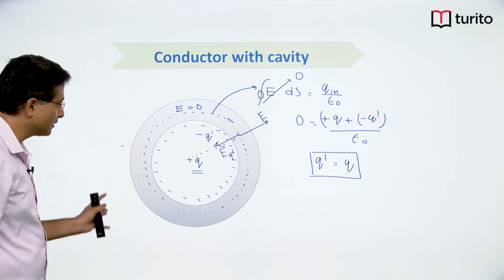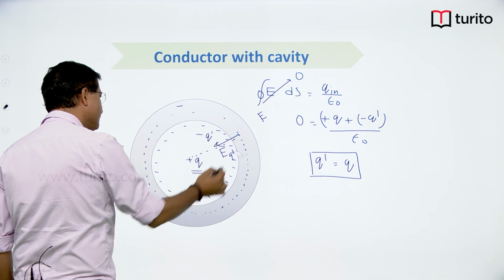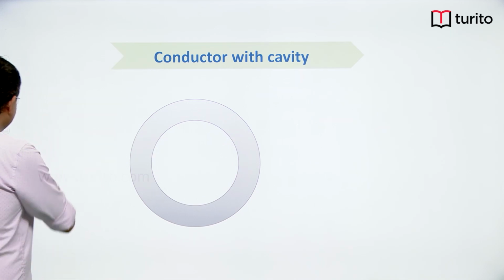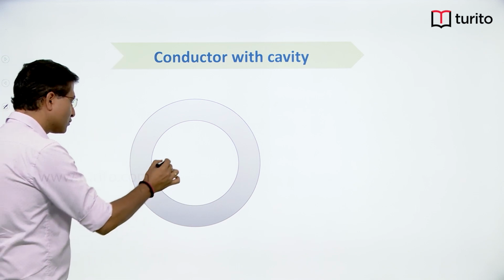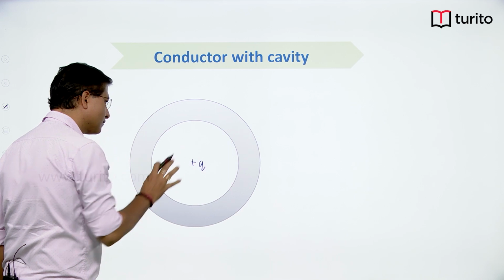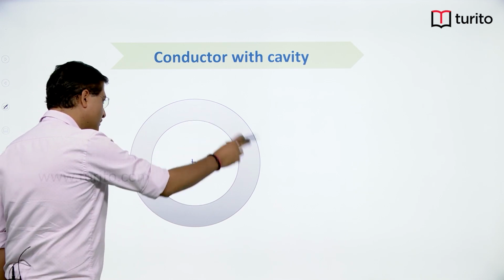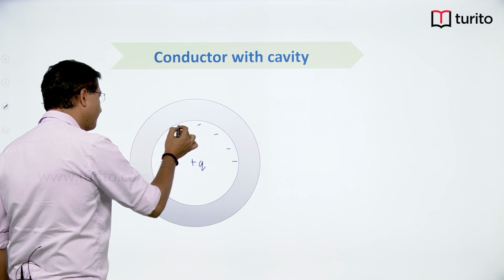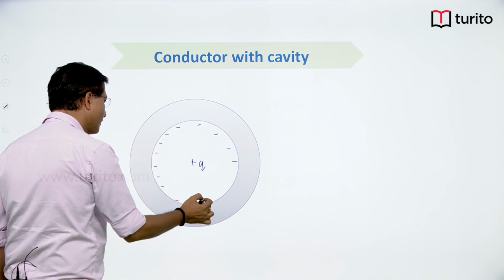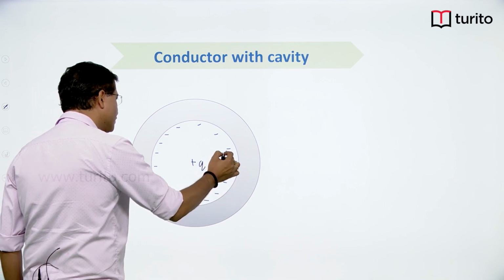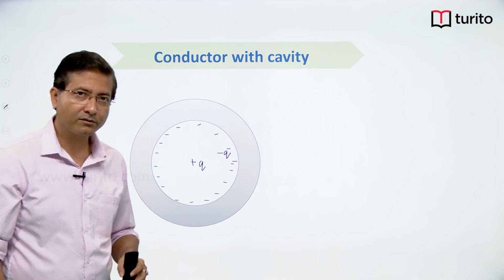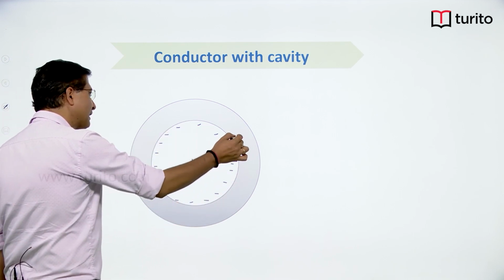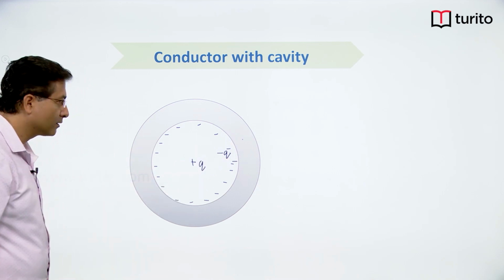So let us draw neat diagram. So till now we place plus q at the center of this spherical shell, and we got minus q on the inner wall of the cavity, right, and its charge center must be such that they will cancel the effect of each other at this particular point, right.